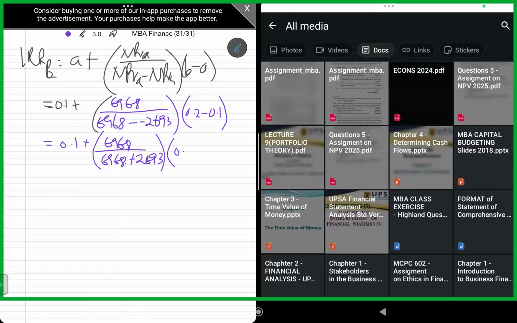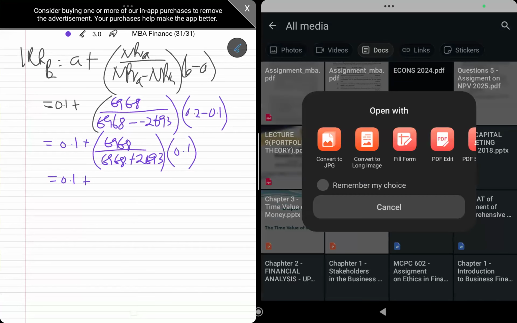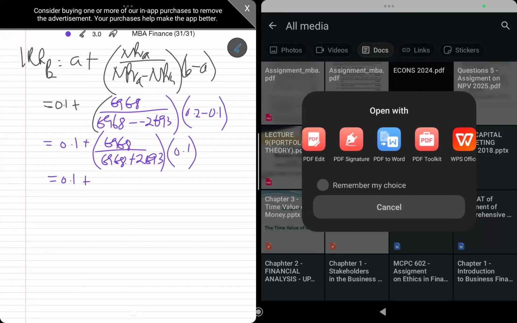Then that gives us what? So 0.1 plus 6968 divided by 6968 plus 2693.